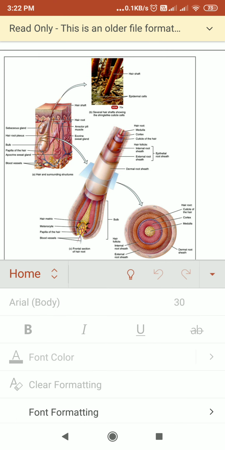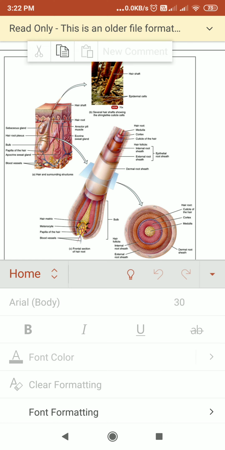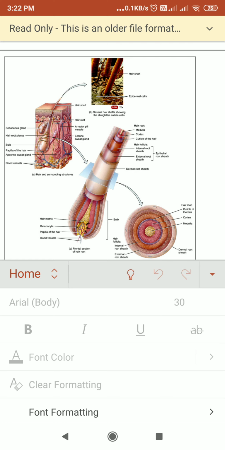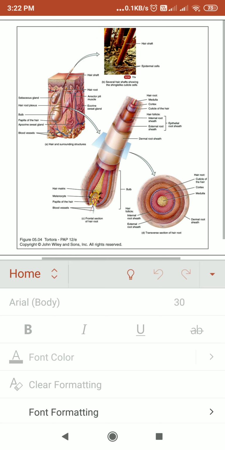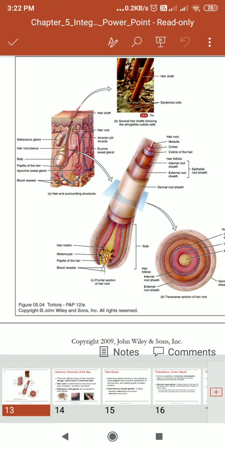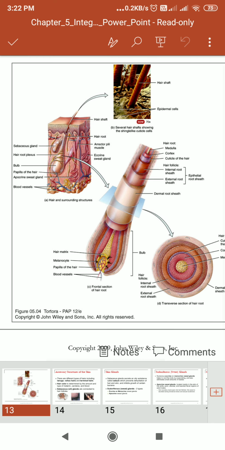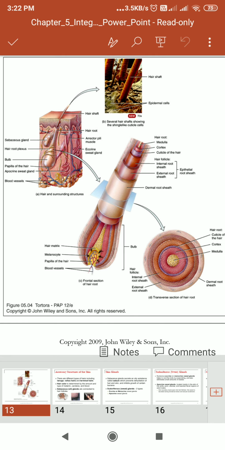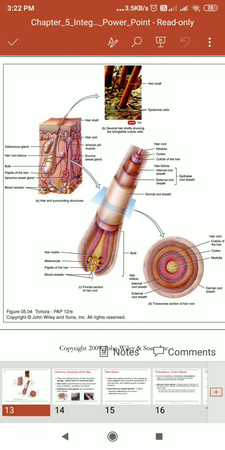In the hair roots we find the sebaceous gland, hair root plexus, bulb, then medulla, cortex, and cuticle of the hair.